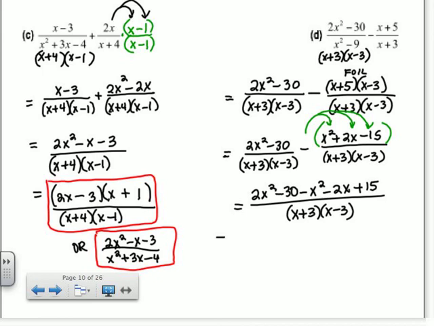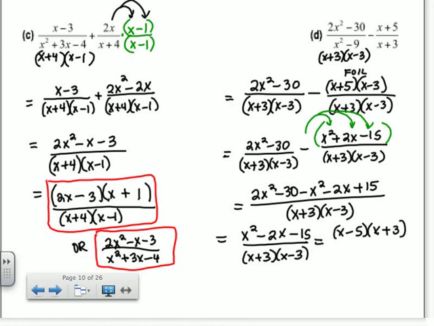Keep going. So 2x squared minus x squared is x squared. I have negative 2x. I have negative 30 and then plus 15, so that's minus 15. If you guys are super lazy, I don't care if you just write little quotation marks, like etc., on your denominator till the very end. Just make sure you don't leave it off completely because you might forget about it at the end. Okay, so then I have x minus 5 times x plus 3.